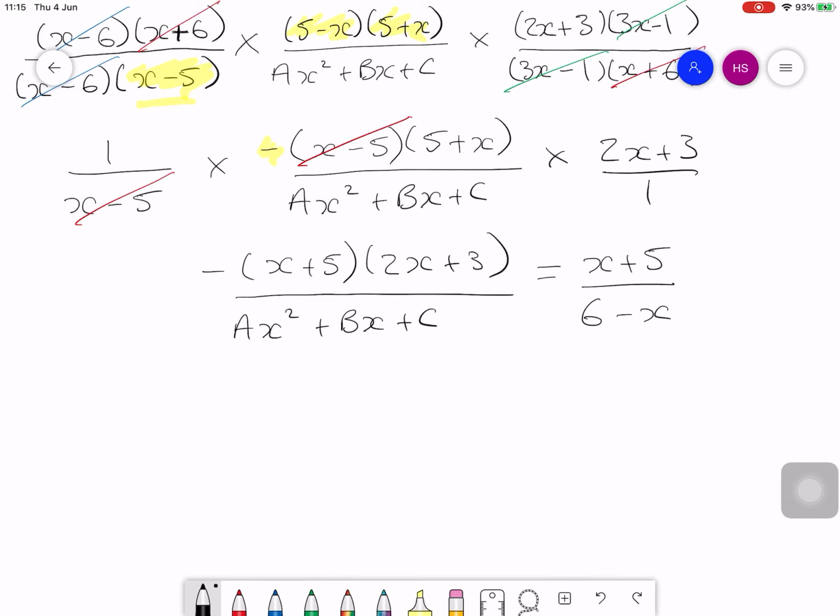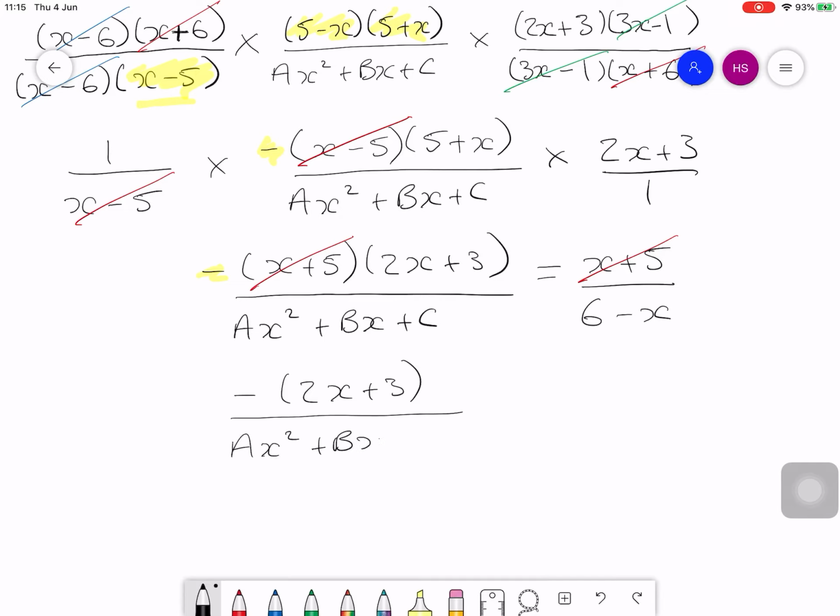So there's a few ways I could deal with that to find the three terms of that quadratic. I can cancel through both sides by x plus 5, again being really careful that I don't lose that minus. And then I think probably what I would do is multiply up. So I'll write that stage out.